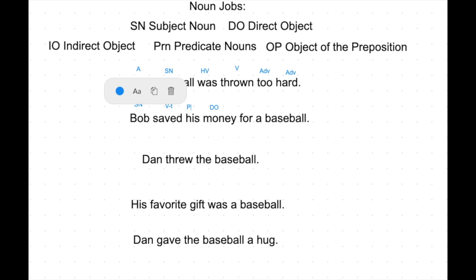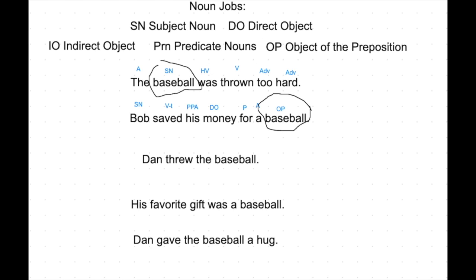His money, possessive pronoun adjective. For is always a preposition. For what? Baseball, object of the preposition. The word a is always an article adjective. Do you see how baseball is used as an object of the preposition here, but it's used as a subject noun here?